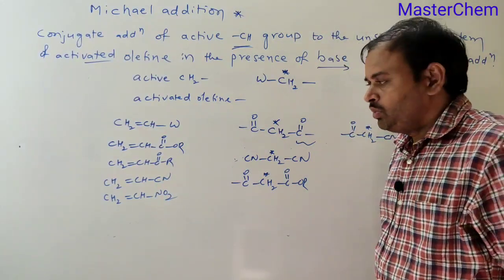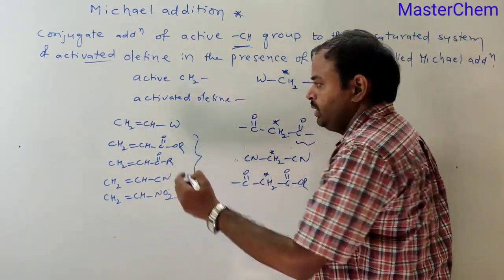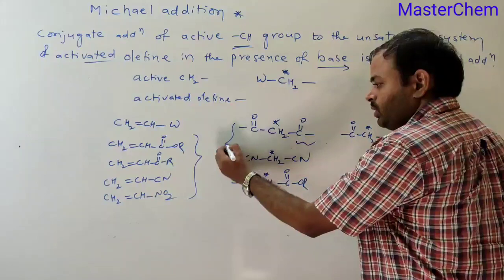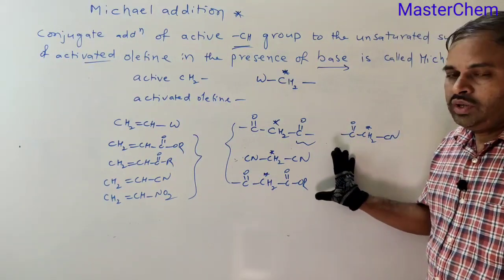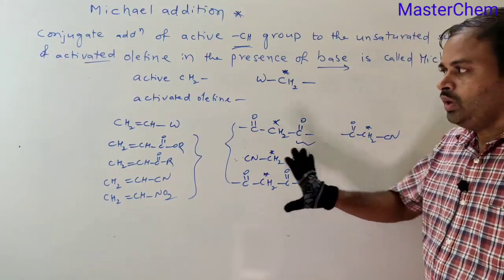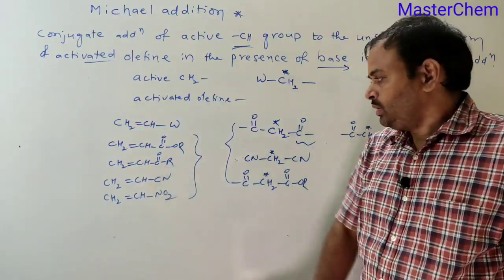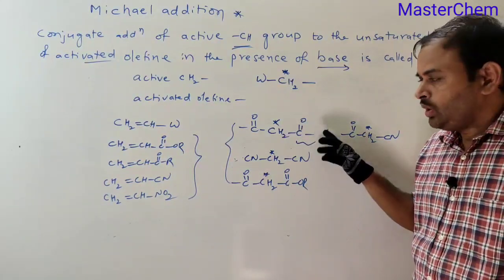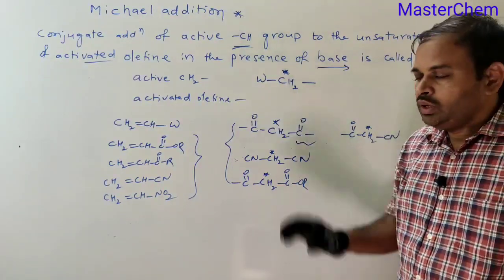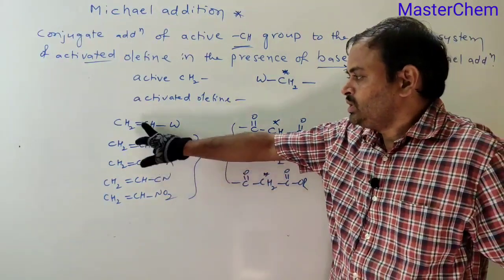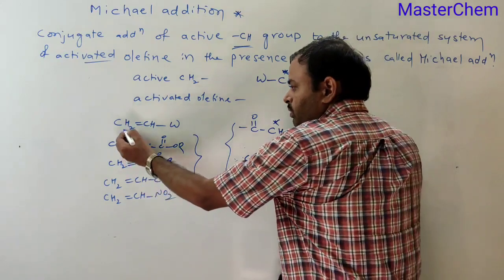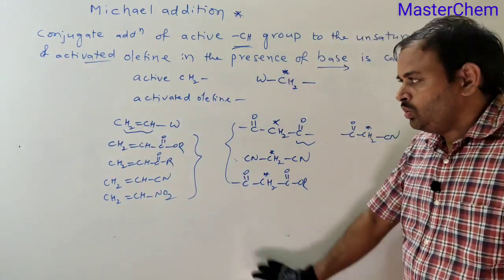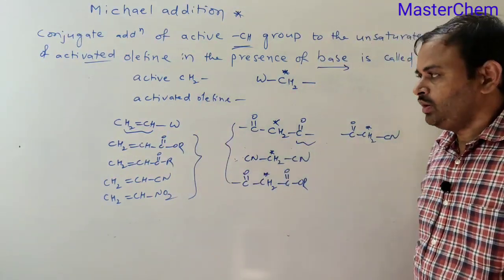All these are examples of activated olefin. Now I think the definitions of active methylene compound and activated olefin are clear. A methylene attached to an electron withdrawing group is an active methylene compound. An olefin system attached to an electron withdrawing group is called an activated olefin.